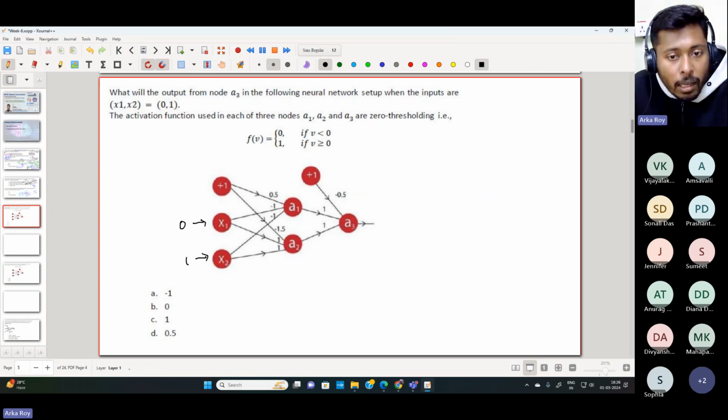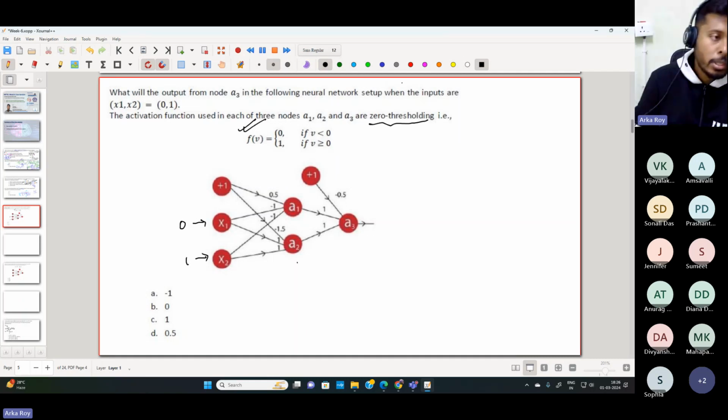This is the first hidden layer and this is the output layer. The nonlinearity is represented over here, which is the zero thresholding: if value is greater or equal to 0, then it will be 1, otherwise it will be 0. And we need to find the value of A3.